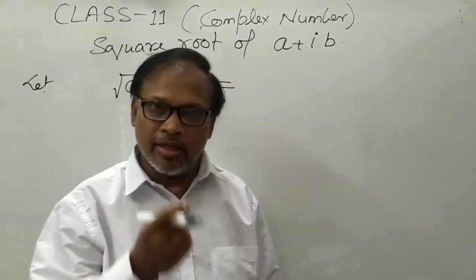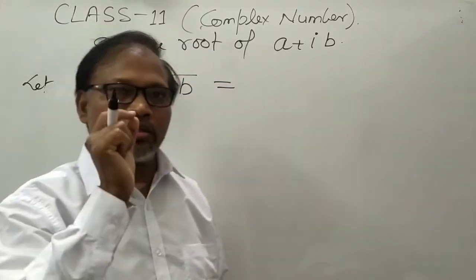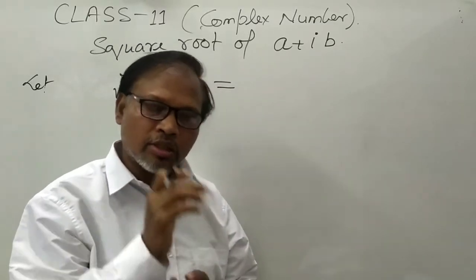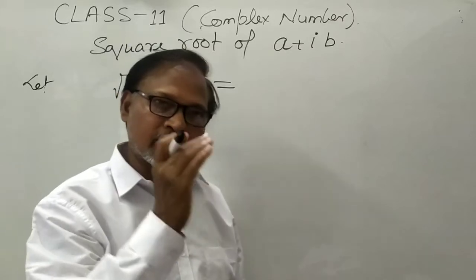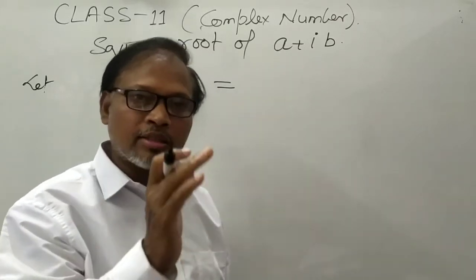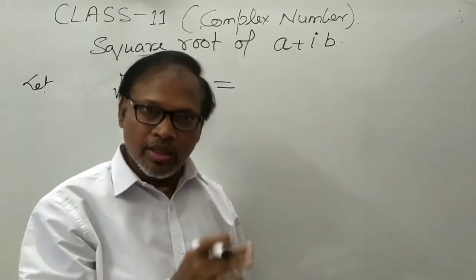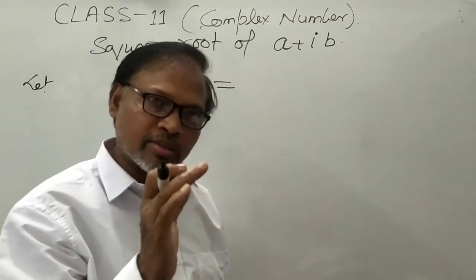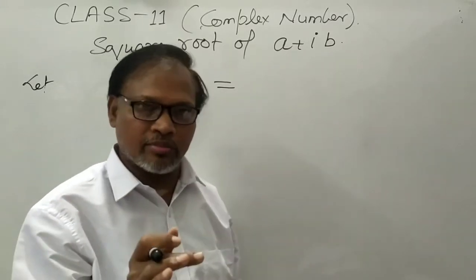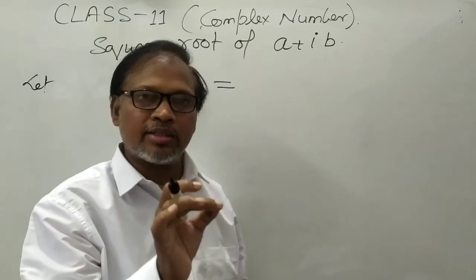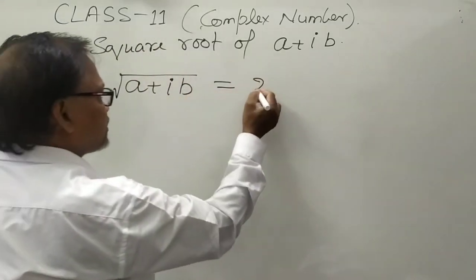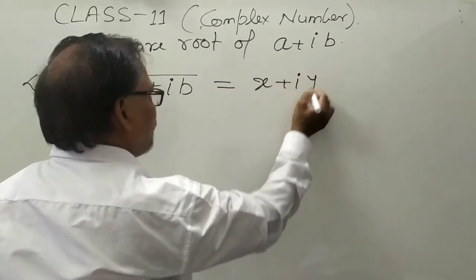As you know, as I told before, in all the operations, division, multiplication, addition, subtraction, you will get the result as a complex number. Here also, if you have a complex number and you have to find the square root of the complex number, then also you will get a complex number. So the square root of this complex number, suppose x plus iy.